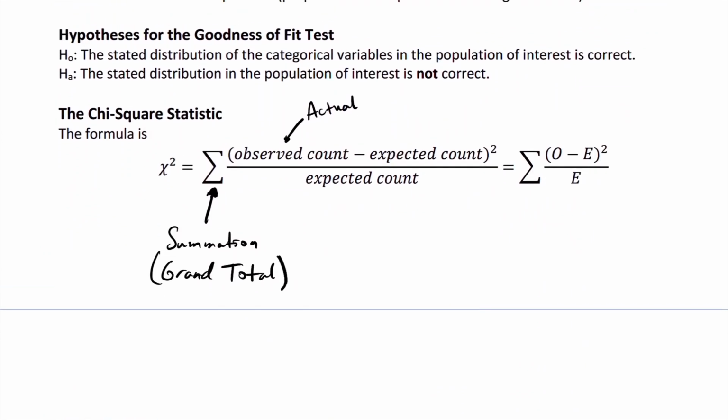Isn't the natural null hypothesis is? No. That's not it. What's wrong with the one I have right here? It has no context. Automatic strike right there. So make sure you put it in context. So how can I put it in context? The stated distribution of zodiac signs for CEOs is. There you go.